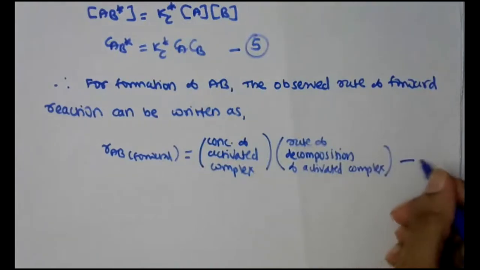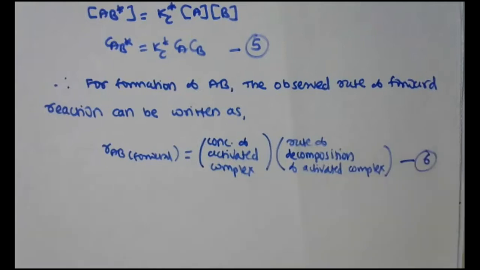So consider this is equation number 6. Now equation 6 consists of a term, rate of decomposition of activated complex.